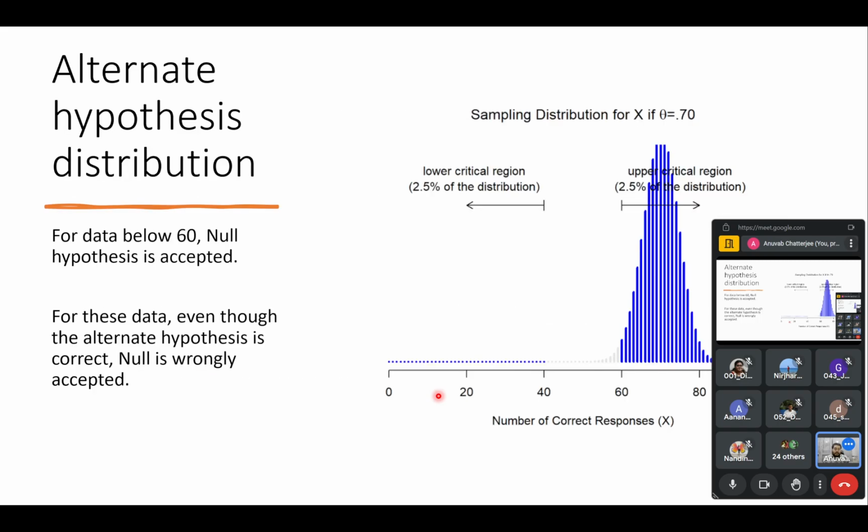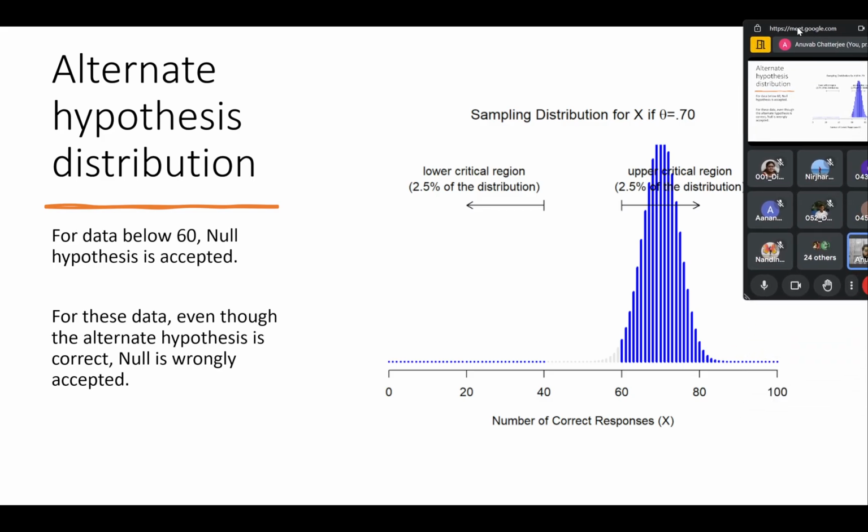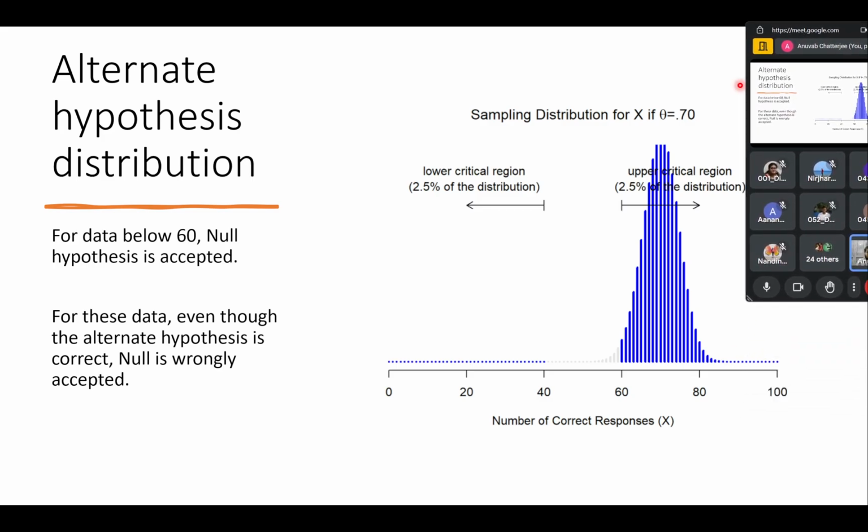So say we have another example here. This is the same as the previous example, where we are taking the mean of marks of everyone in the test.